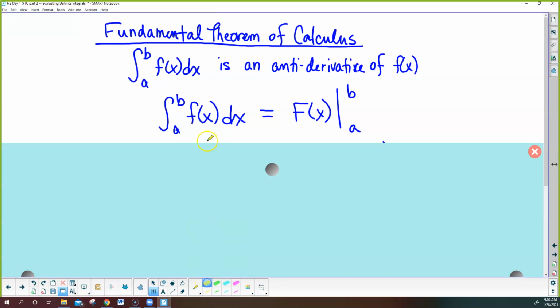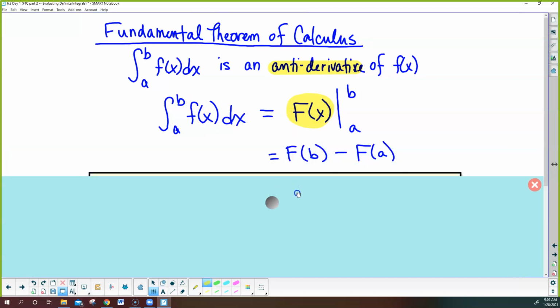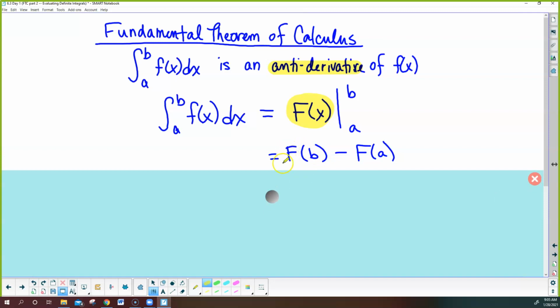Notice the lowercase f of x turned into capital F of x. And then we really just evaluated the bound at b and a. That's your change in your outputs. So this is the big piece today.